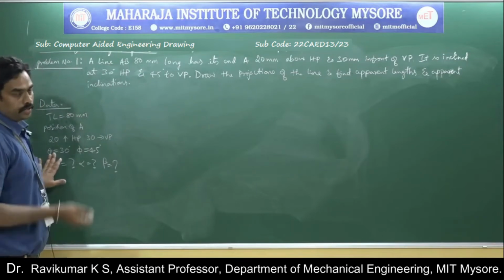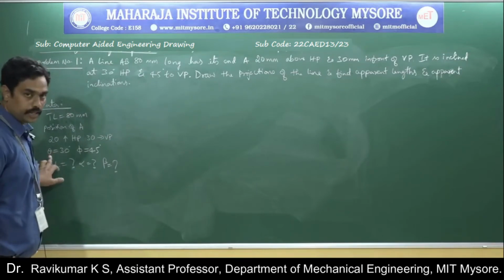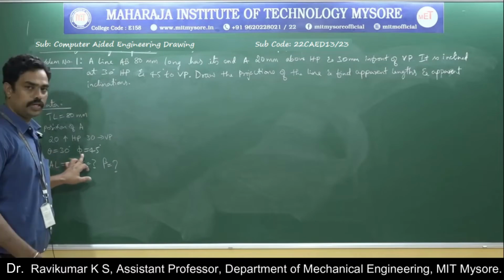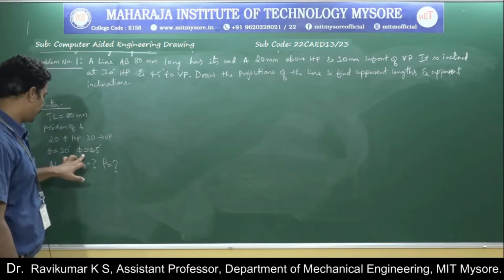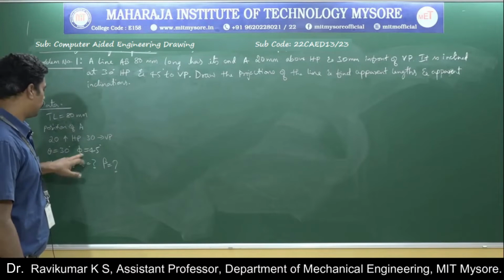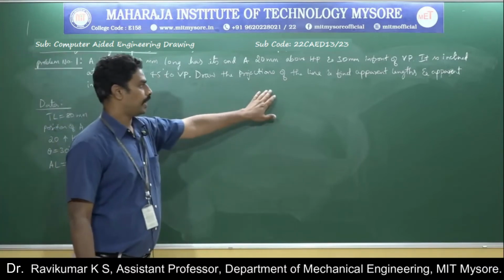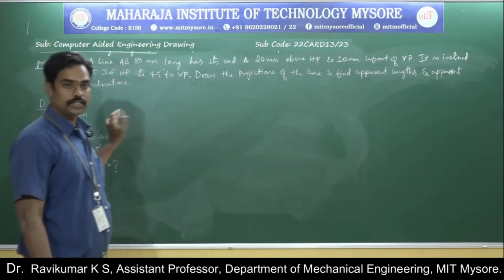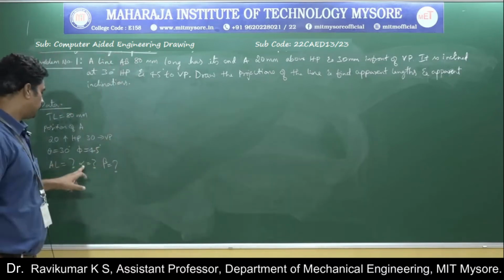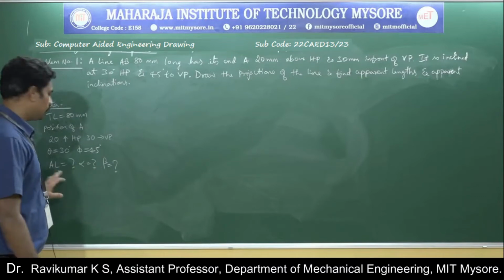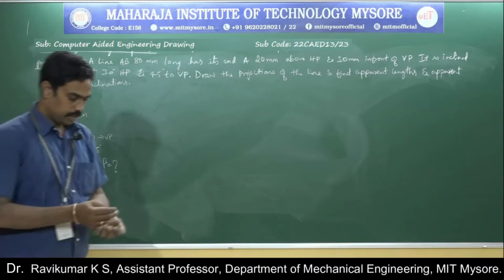True inclination in the front view is denoted by theta, and true inclination in the top view is denoted by phi. So theta is 30 degrees and phi is 45 degrees. You need to determine the apparent length and apparent inclination, that is, alpha and beta.